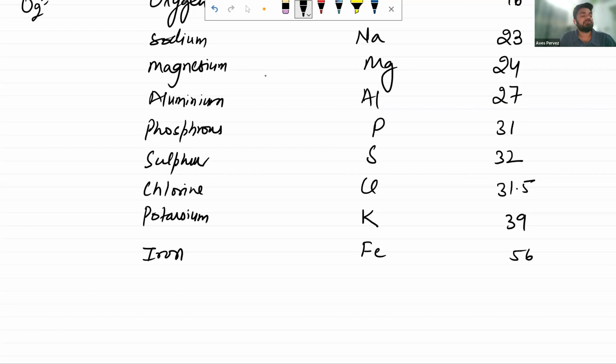Then we have silver, Ag, the mass is 108.